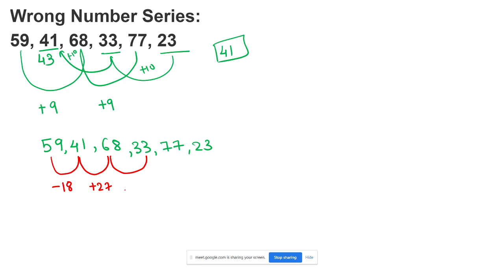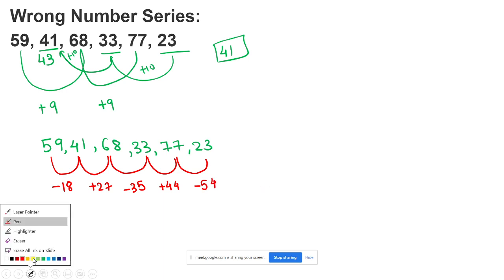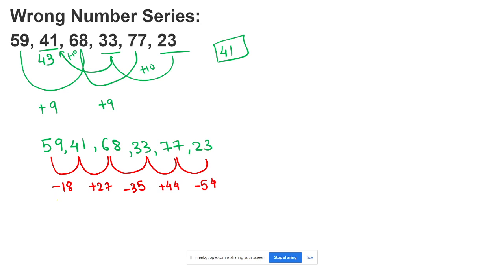Yes, it is minus 35. Okay, let's go from this to this. The difference is, I think, plus 44. Can you see the last number? How much difference is coming here? It is minus 50.